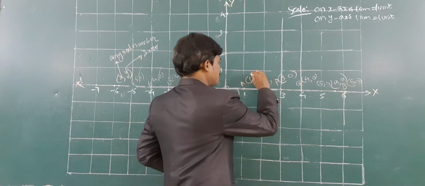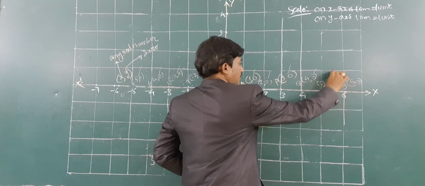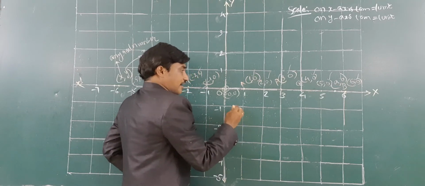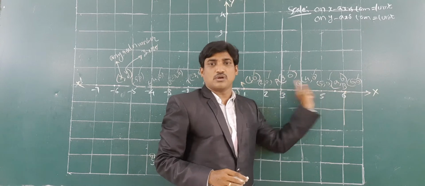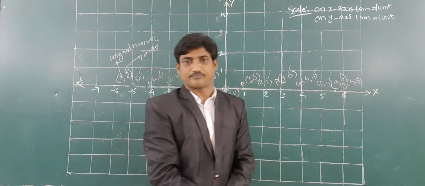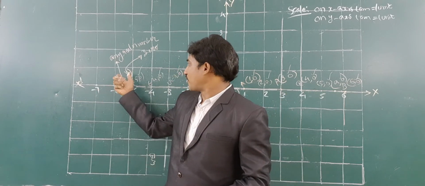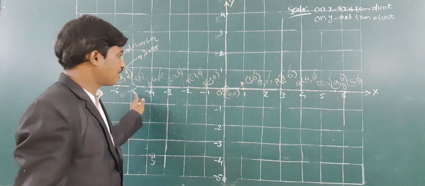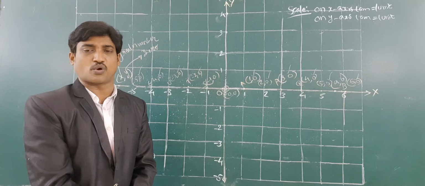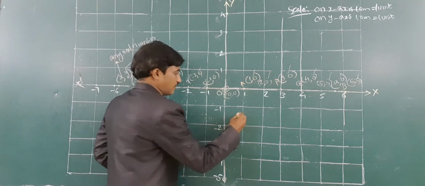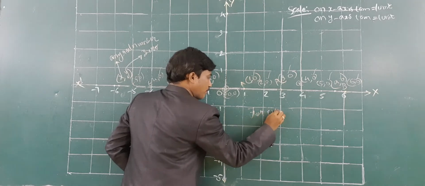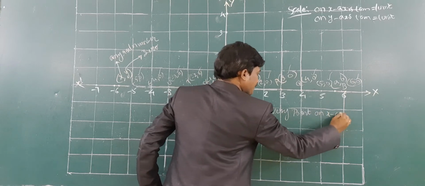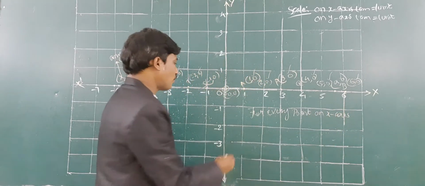The y coordinate is 0 for every point on the x-axis. So we can write the rule of the point on the x-axis: the y coordinate is 0, y is equal to 0, for every point on the x-axis.